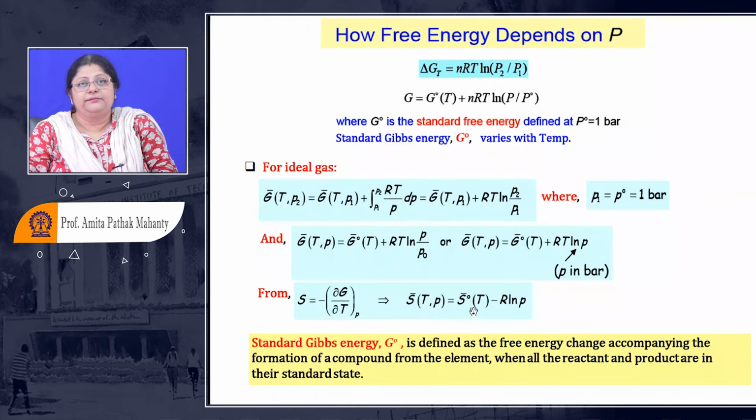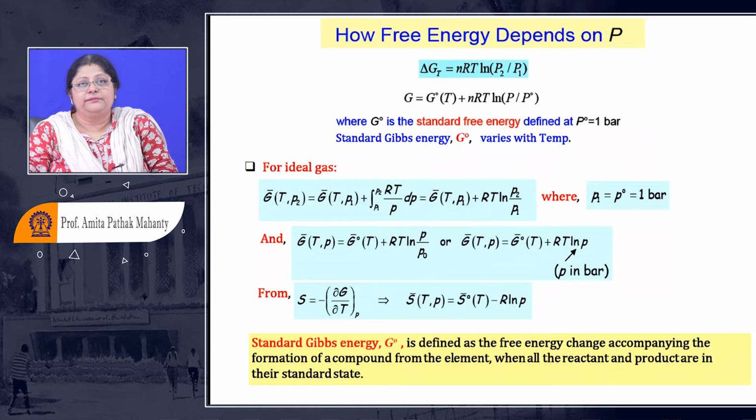Entropy is going to be a function of the temperature plus or minus R ln P. From here, if instead of G we write S naught, instead of G naught, then we can also express it in terms of the entropy. If I'm expressing the Gibbs energy in terms of entropy, then what happens? The expression reduces to the molar S naught value at that given temperature minus the gas constant into ln P, and P is the final pressure which can be found out.